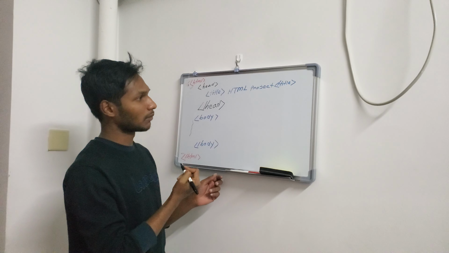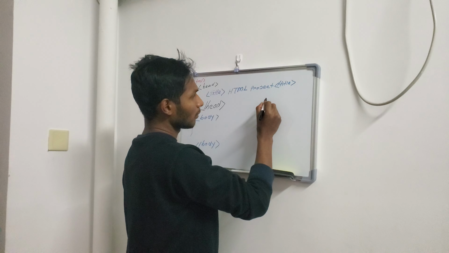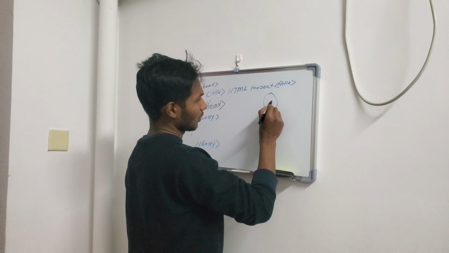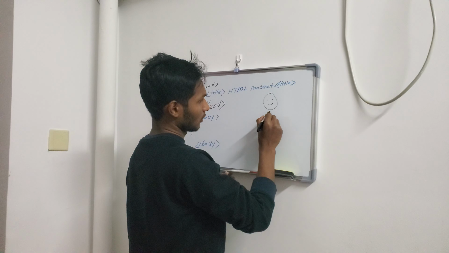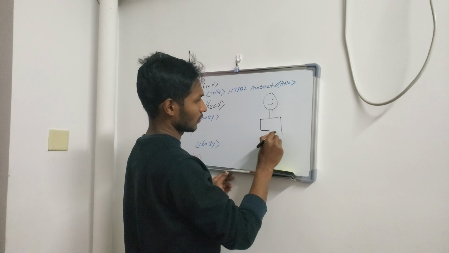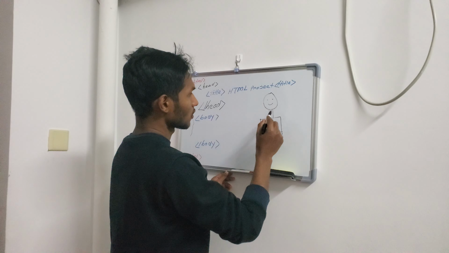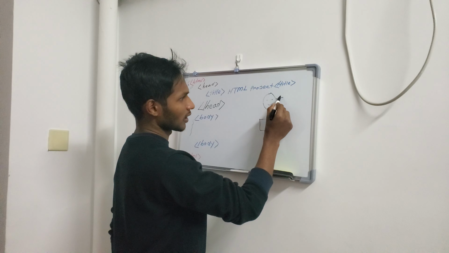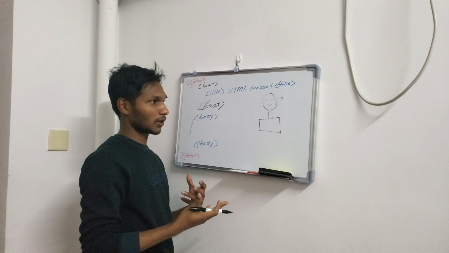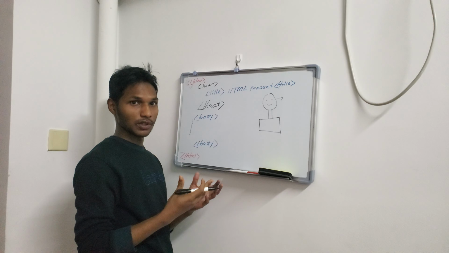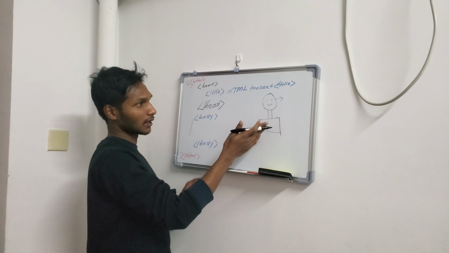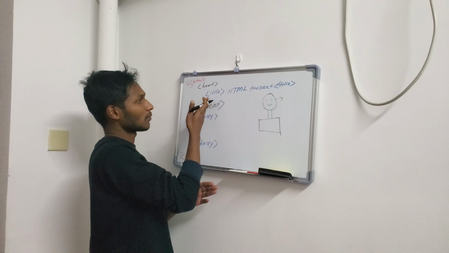Firstly, if I give you an example, compare it to a human body. This is the head section, right? And all of the important tasks of our body are controlled by the head. You can find the similarity when you notice the HTML structure.